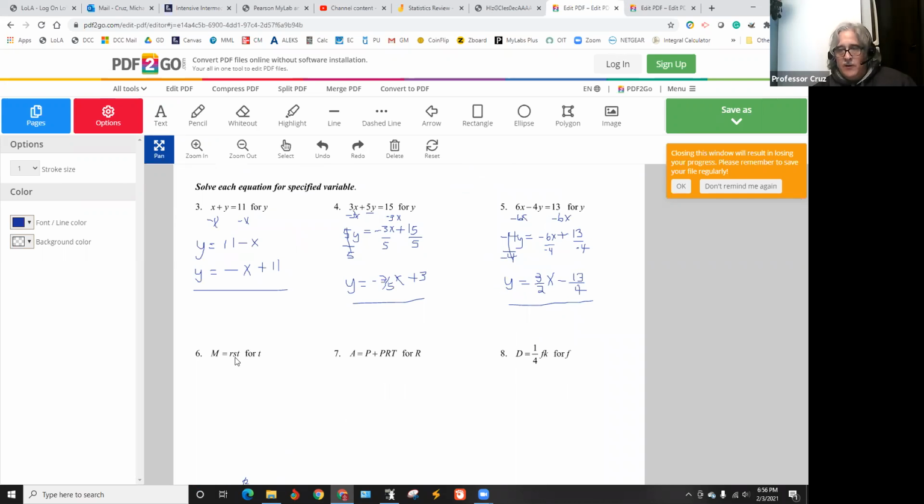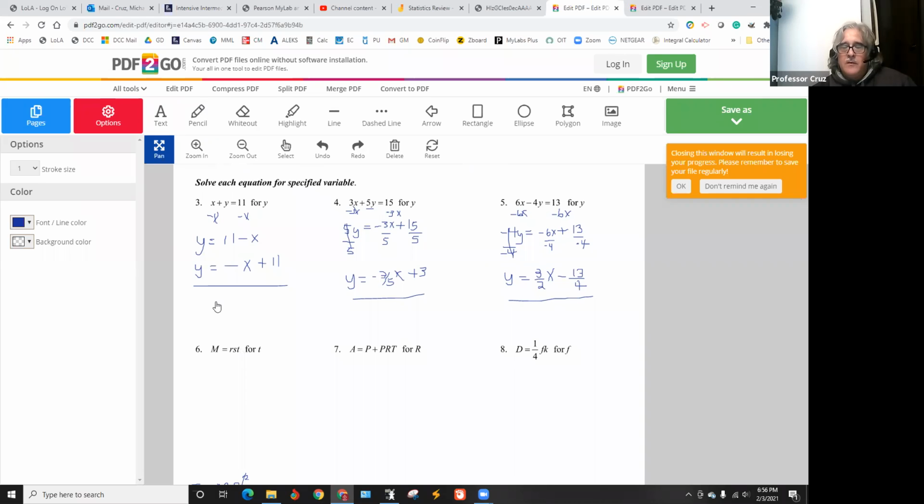All right, go on to this next one. One thing that might help you is to circle what it is you're trying to get at, the T. These are all three different.